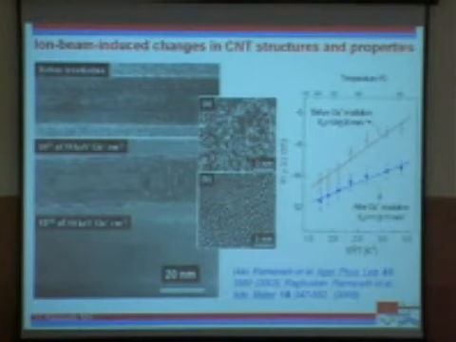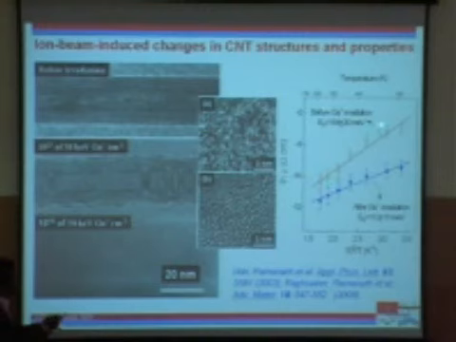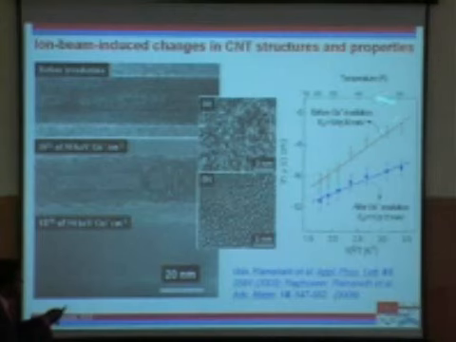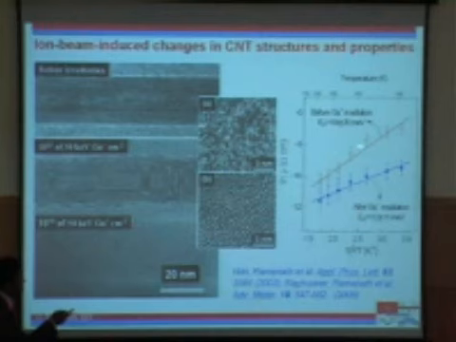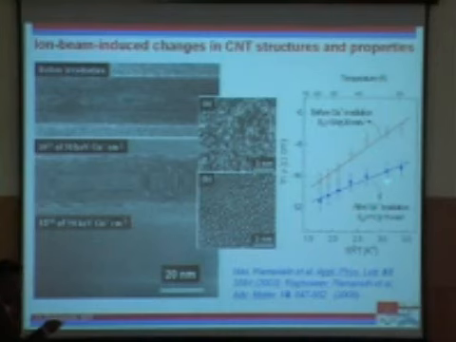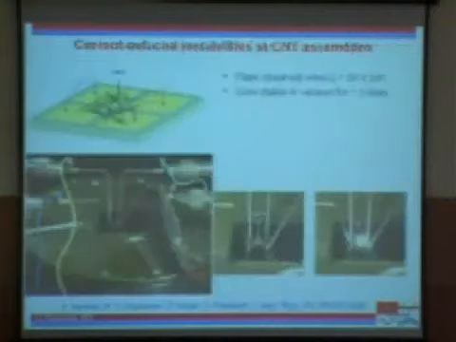So what happens to the electrical properties? Well, you can see over here that before radiation, the resistance versus temperature behavior has this activation energy of around 200 millielectron volts, semi-metallic basically. But after irradiation, it changes a little bit. But the thing is, you can controllably do this, okay, as opposed to destroying the nanotube, which we do when you use acid treatments.